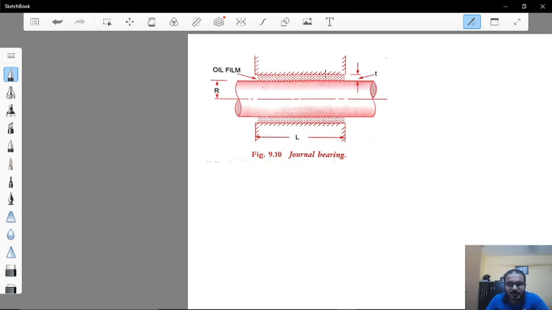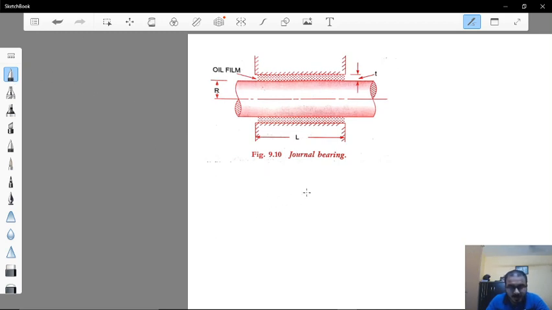The gap is filled with oil film having a thickness t. The oil is viscous, so the oil nearly exactly at the surface of the shaft will be rotating with the same RPM as the shaft. However, the oil near the bearing part will have zero velocity. So let's begin.